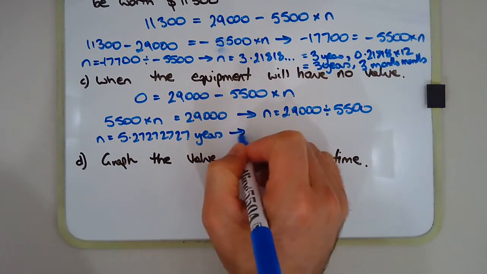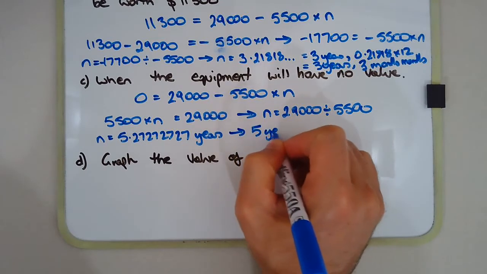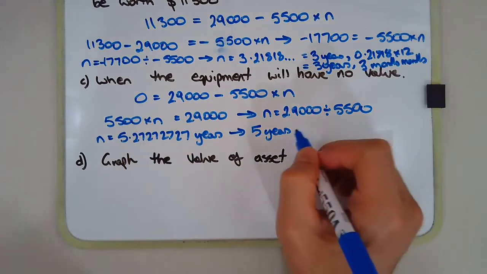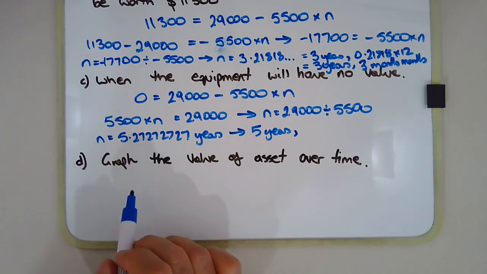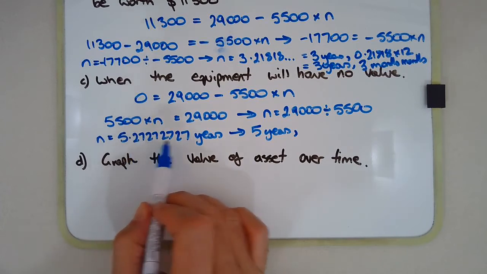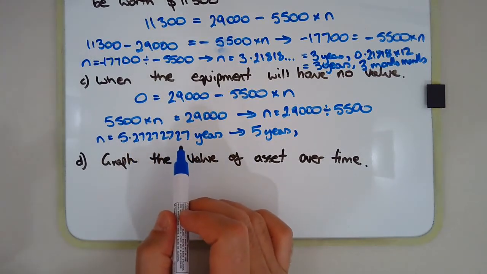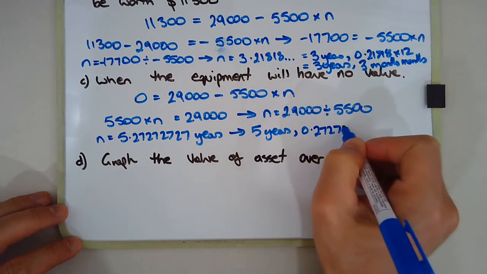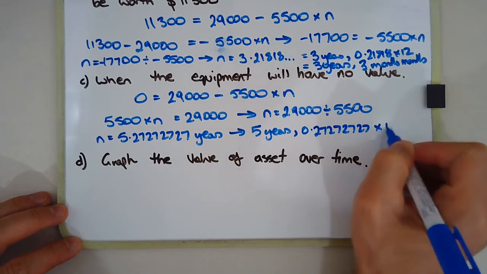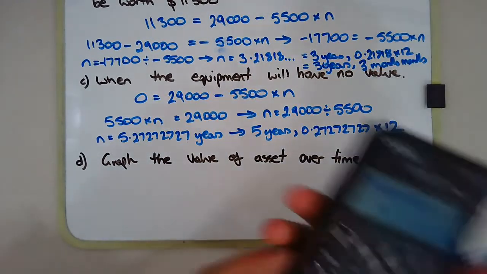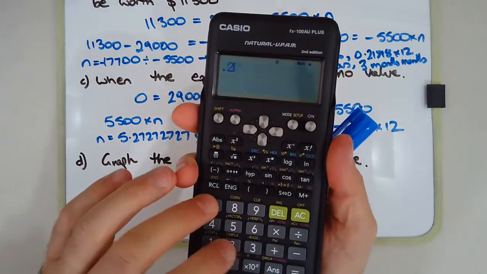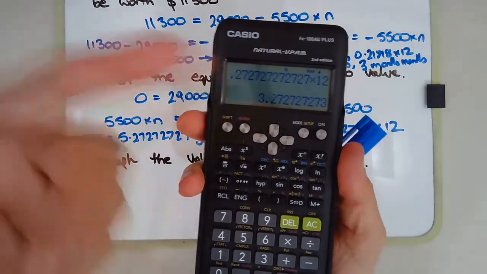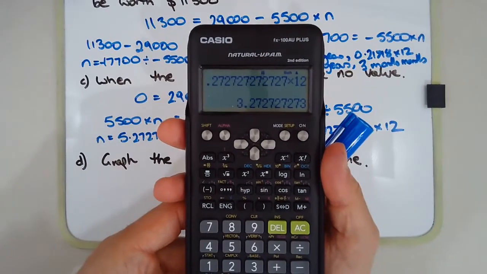So that's going to be 5 years, the whole number part. But now we have the decimal part, and we need to convert that into months. So we've got 0.272727 years. Converting that into months, we multiply that by 12. 0.27272727 and so on, times 12, and we get 3.27 months.